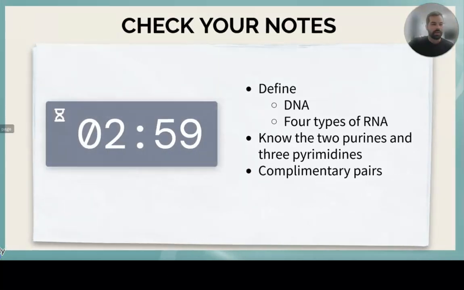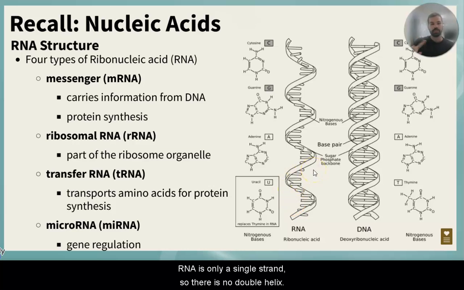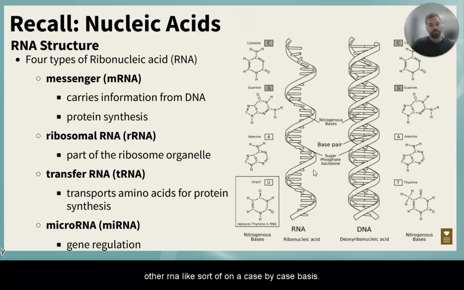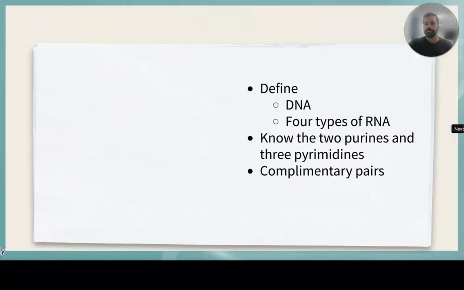Oh, but important to note here, remember RNA is only a single strand, so there is no double helix. It usually just forms these single helixes, and then the nitrogenous bases are interacting with other RNA on a case-by-case basis, but they don't form this stable double helix structure that DNA has.